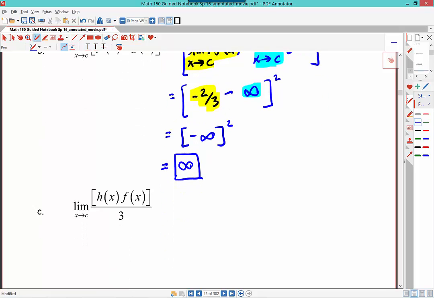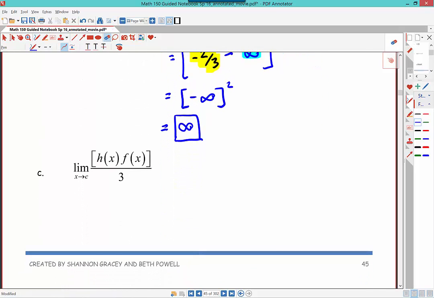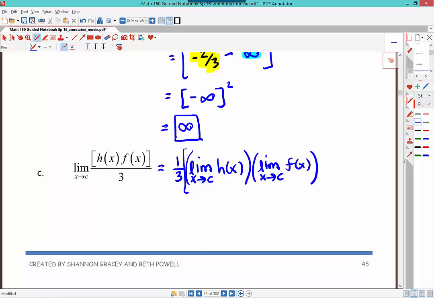All right. Now this guy will be equal to, I'll go ahead and bring that 1/3 outside of the limit. And then we'll be getting the limit as x approaches c of h at x times the limit as x approaches c of f at x. And let's see what those were again.